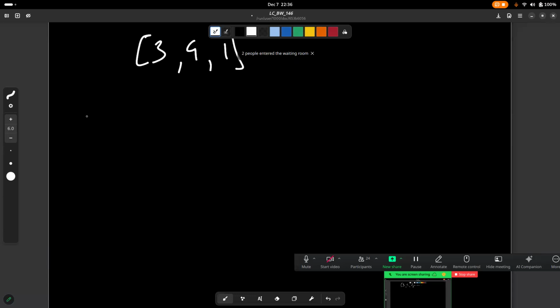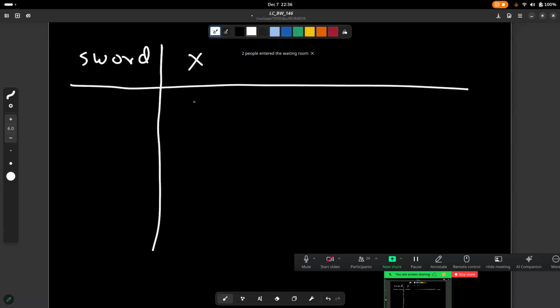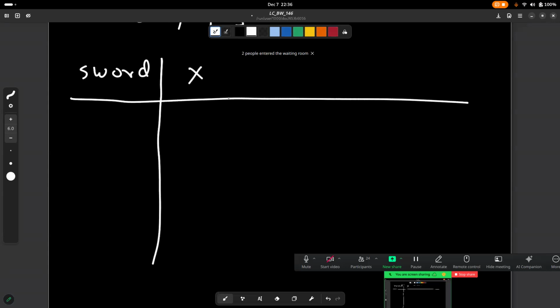Now consider this is your sword, and this is your x, the element with which you are incrementing. Initially x is equal to 1.